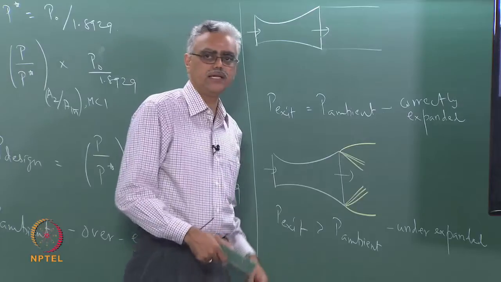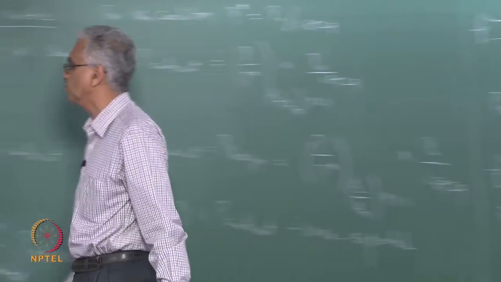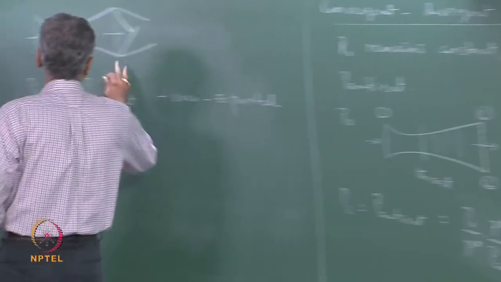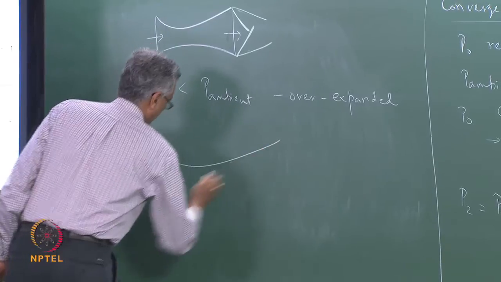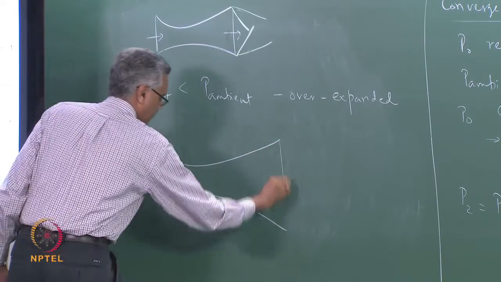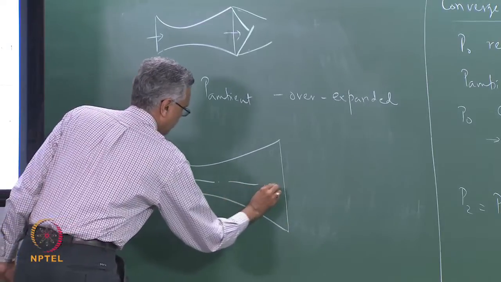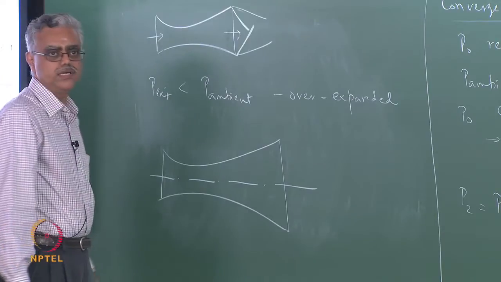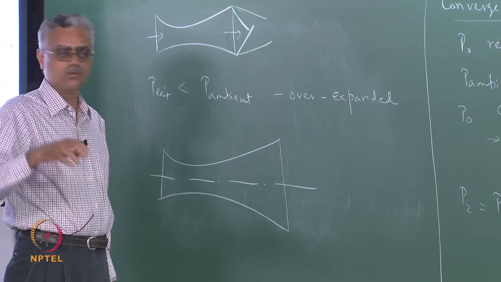Next, we can look at this with the similar kind of diagram that we drew earlier. Okay, so let us go to overexpanded situation. Same situation, I am going to draw the pressure arrows. What I am going to do now is I am going to draw arrows just like we did before, corresponding to the local pressure.